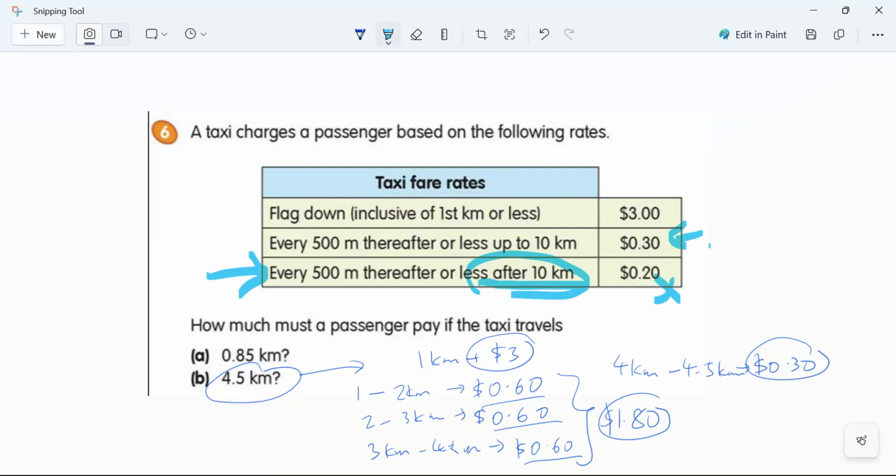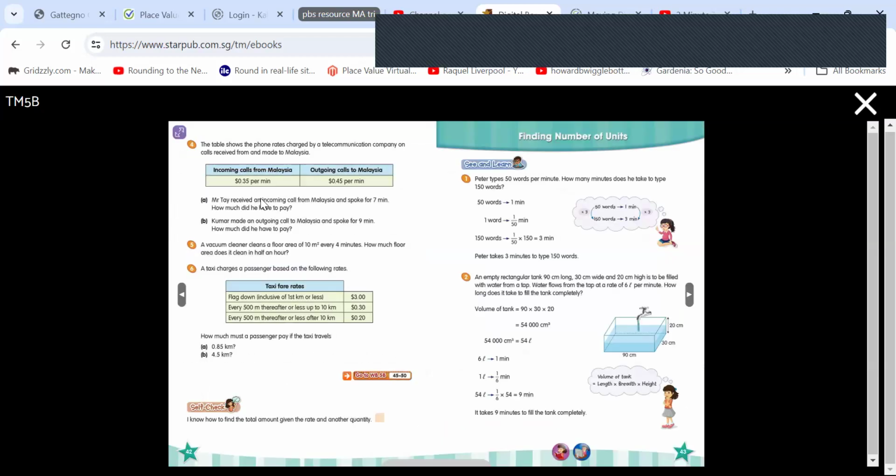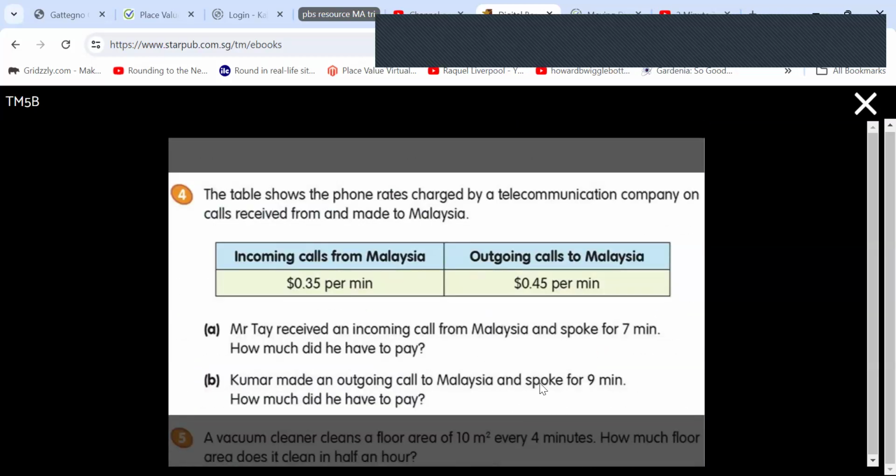So when you see the textbook, there are a lot more examples. For example, here for the call. Some of us have visited Malaysia before. You went to Malaysia for a trip, you visit some family members there.